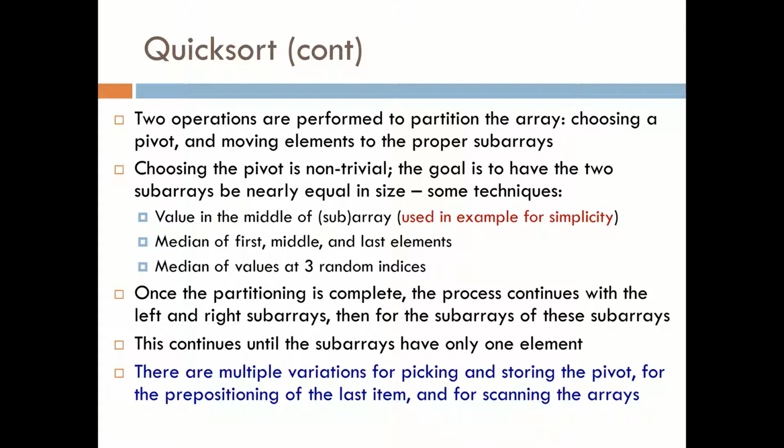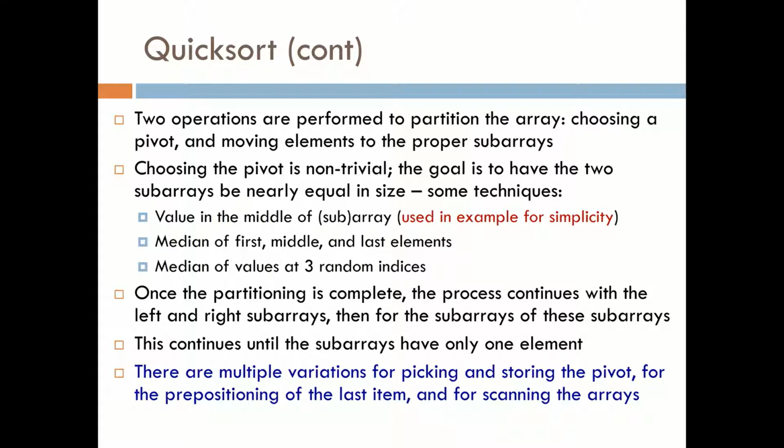Another way is to pick three random indices, look at those, and pick the median value out of those indices. It turns out that picking a good pivot helps the algorithm, but picking a poor pivot can actually degrade this algorithm, which is an n log n algorithm, down to n squared behavior.